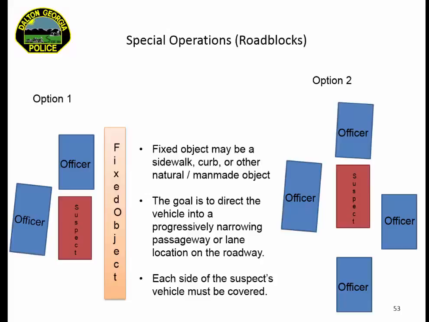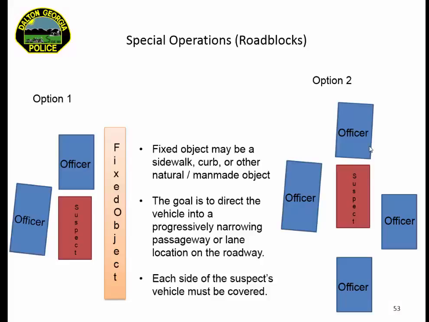So you've got the suspect traveling in this direction here, and basically all you're doing is channeling that vehicle into a narrowing lane in order to get them to stop. Option 2 would be the suspect in the middle, and you've got an officer on all 4 sides, basically slowing that vehicle down in order to get it stopped.